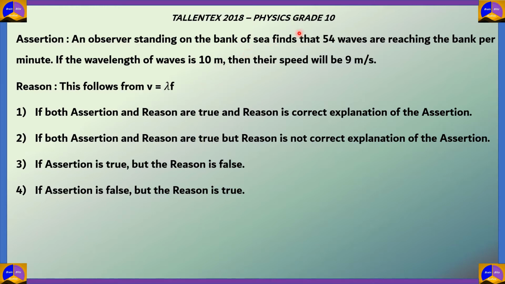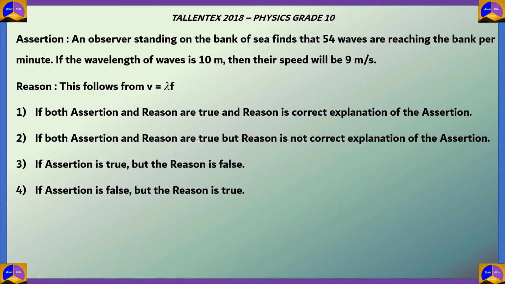Let's look at the assertion. The assertion says that 54 waves are reaching the bank per minute. If the wavelength of the waves is 10 meters, then their speed will be 9 meters per second. So how do we find the speed of a wave?